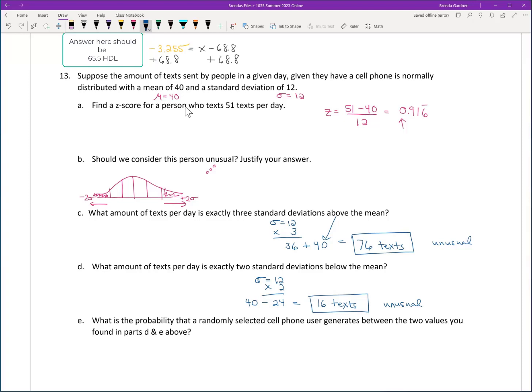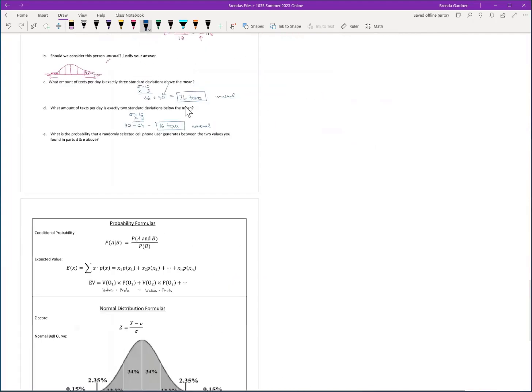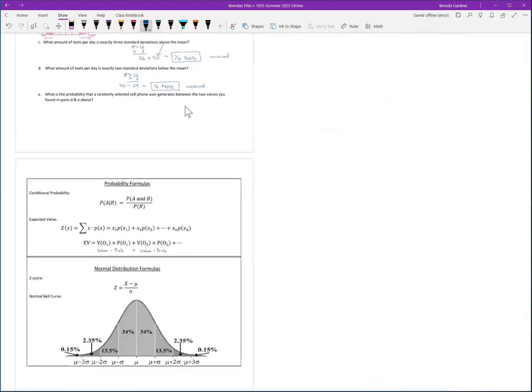And what's the probability that a randomly selected cell phone user generates between the 2 values you just found? This is where I'm going to make this super small so you can see both of them at the same time. You'd go to the normal distribution chart, and we found a data point like 16 texts is down here.